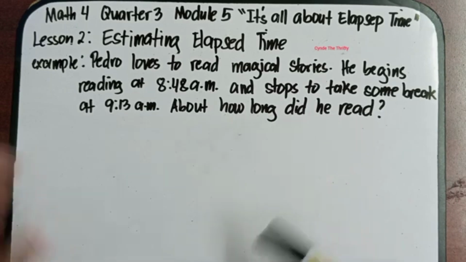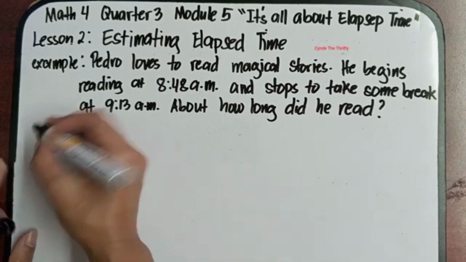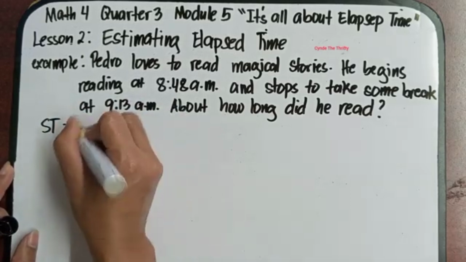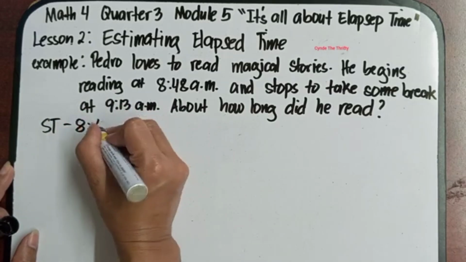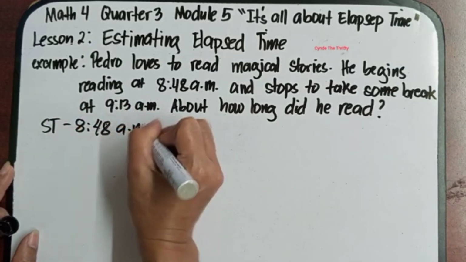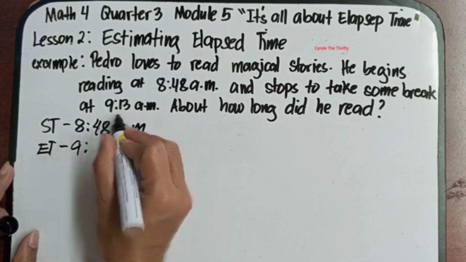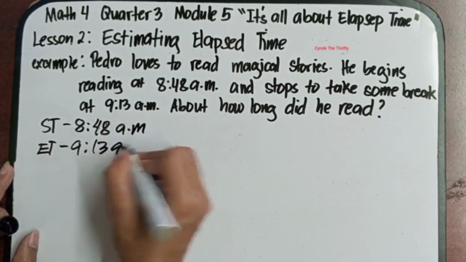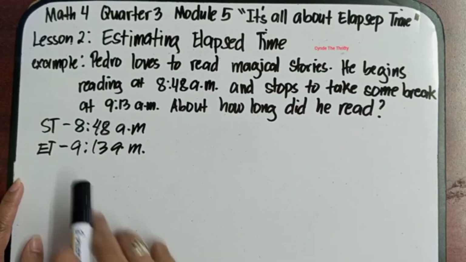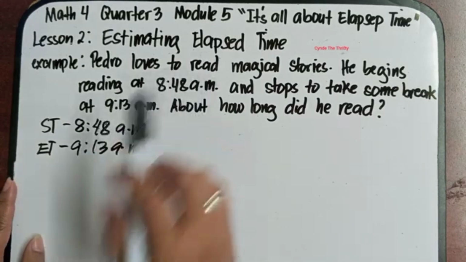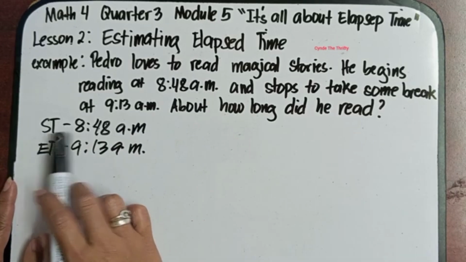So ngayon, ang given natin is, ang start time natin is 8:48 a.m. and ang ating end time is 9:13 a.m. Ito yung actual time natin, ang given. Ngayon, ang gagawin natin is i-estimate natin siya. So, ang starting time natin is 8:48.